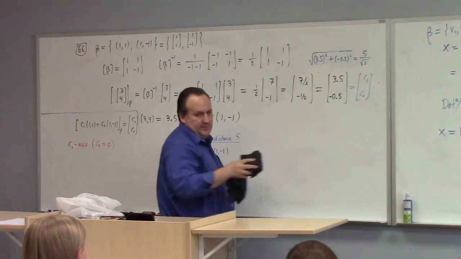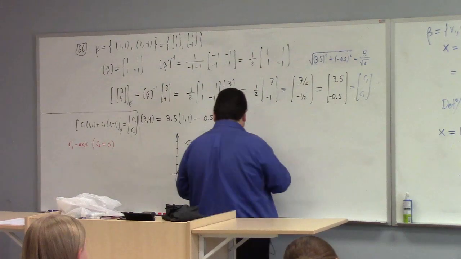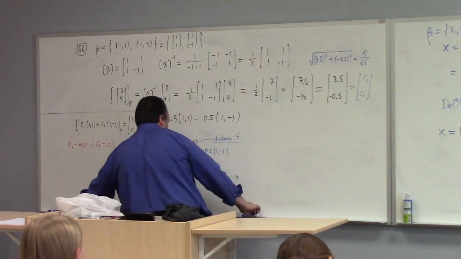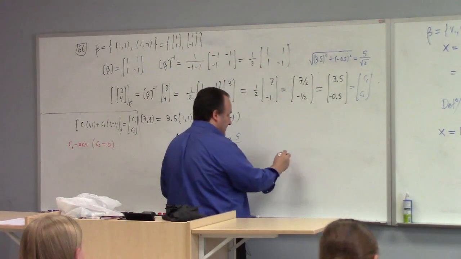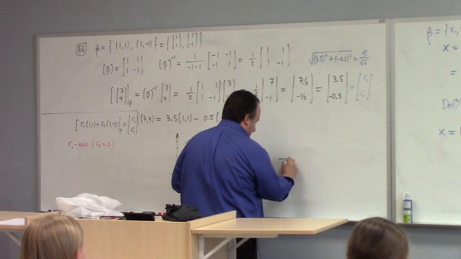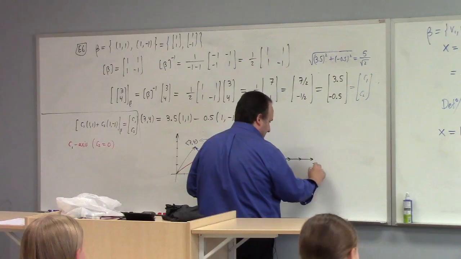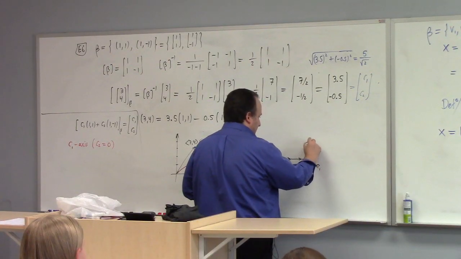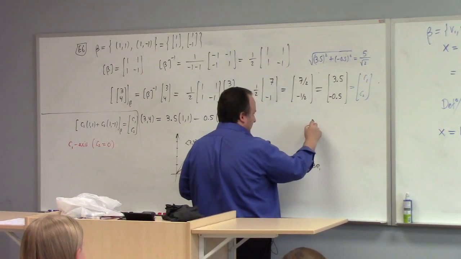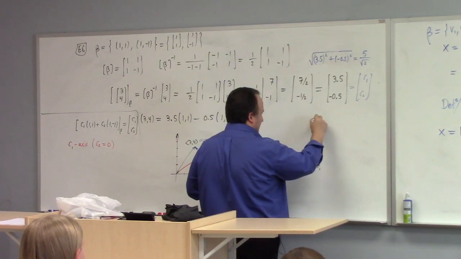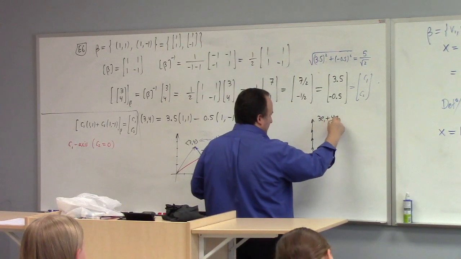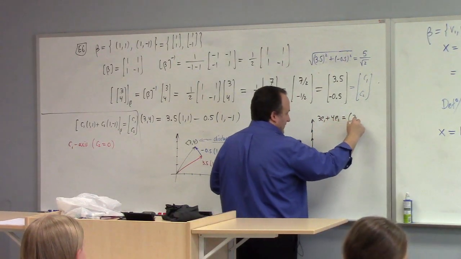Well, yeah, let me look at it a different way. Maybe this will help you. So 3, 4 is this, right? 1, 2, 3, 3 of those. And then 1, 2, 3, 4 of those, right? So this is 3E1 plus 4E2, also known as 3, 4, right?